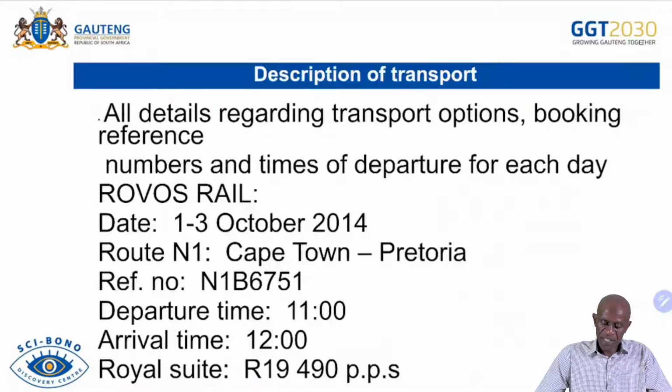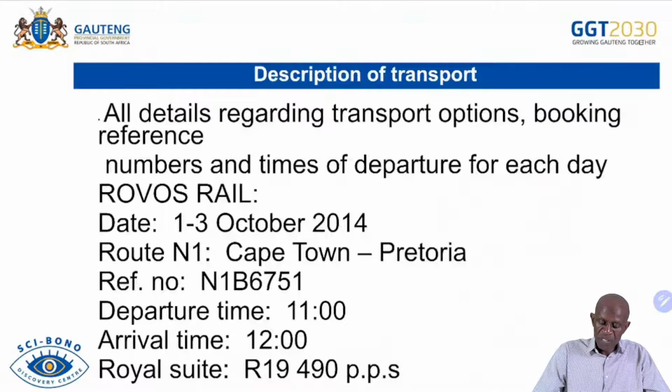The route is N1, Cape Town to Pretoria. The reference number on your transport ticket would be N1B 6751. The departure time is 11 hours and the arrival time is 12 hours.